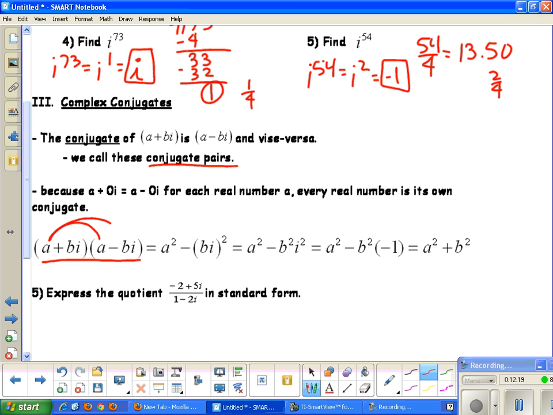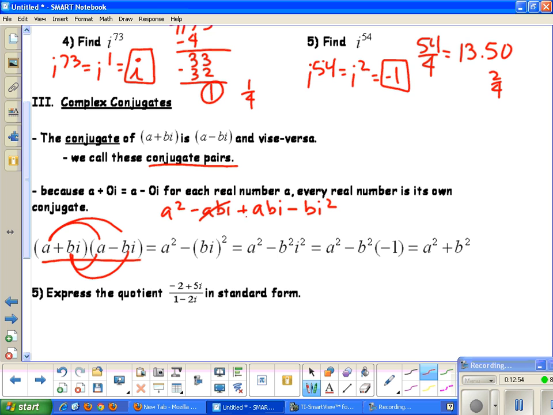a squared for the first one, so that's our first term. So I guess it'd be easier just to write it out. So we have a squared, and then minus abi, and then we would get plus abi, and then the last one would be minus b squared i squared.